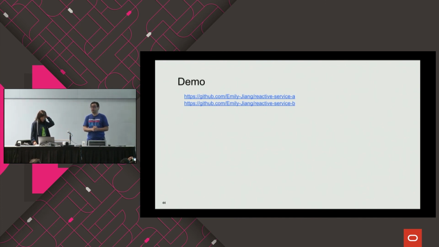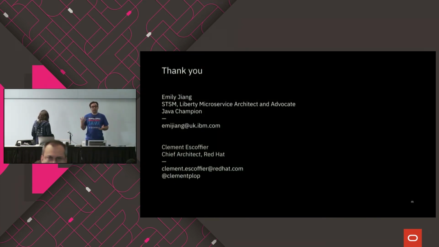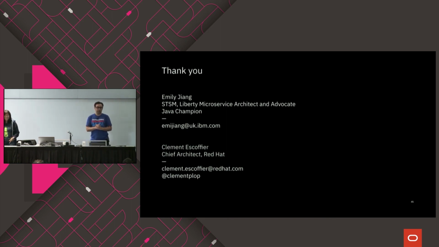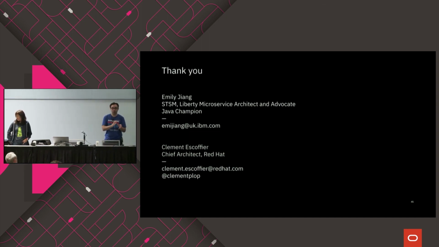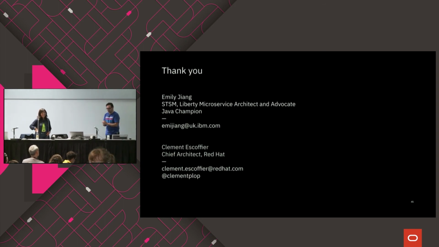Vert.x is a reactive toolkit for people that don't know this. And actually, the relation here is that the reactive messaging implementation, the one I'm building, is based on Vert.x. The Kafka connector you have seen is based on Vert.x. And in Quarkus, starting next week, probably Monday, well, you know, release dates are always shifting a little bit, everything that is network related is going to be based on Vert.x. So we are in the process of rewriting, we still have a few things that are not working correctly, but we are making it.